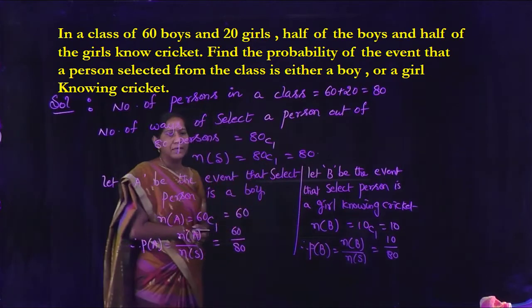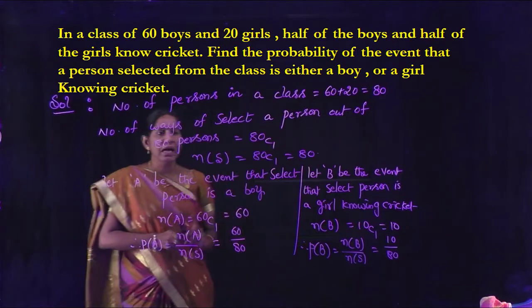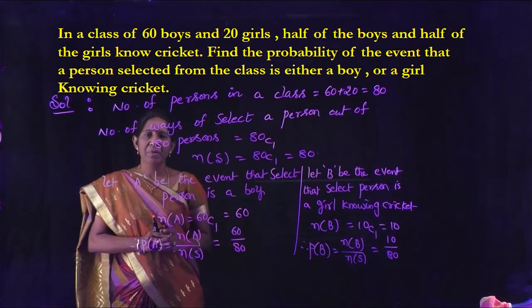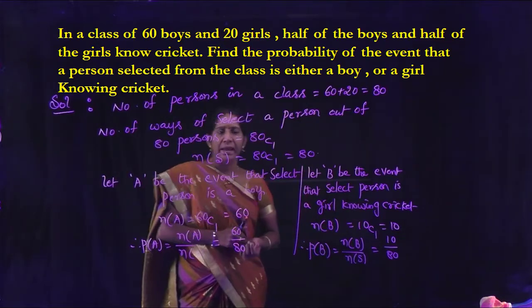Now, we have to find the probability that the person selected from the class is either a boy or a girl knowing cricket.